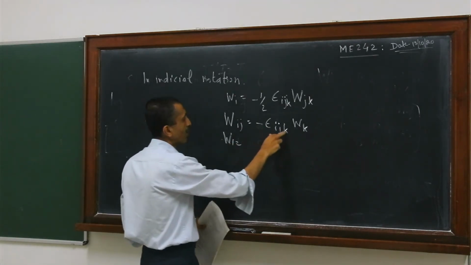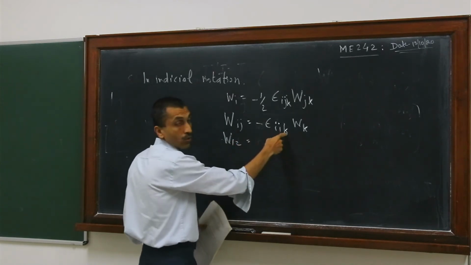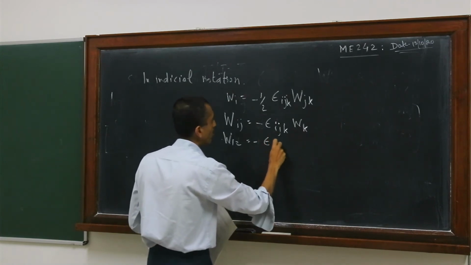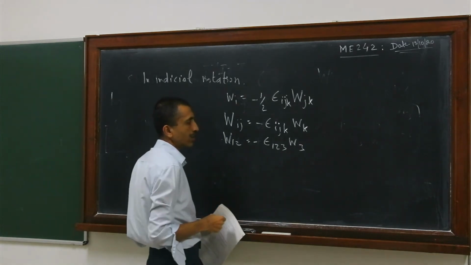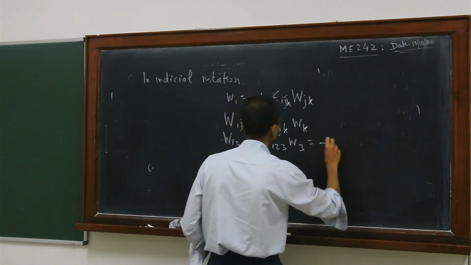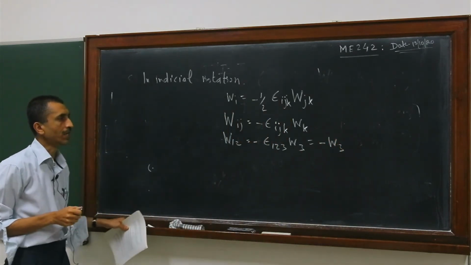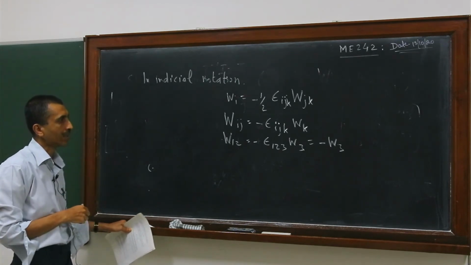Here, if I put 1, 2, then this can only be 3, because otherwise it will be 0. So this will be epsilon 123, W3. And epsilon 123 is 1, so this is equal to minus W3. So your W12 will be equal to minus W3. And similarly, you can compute the other components also.